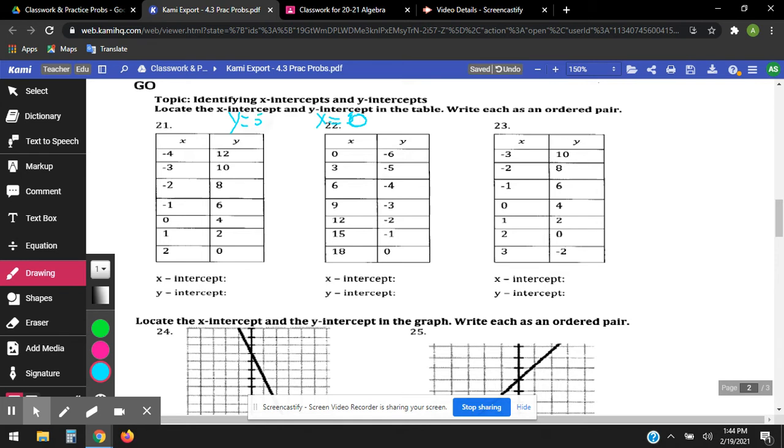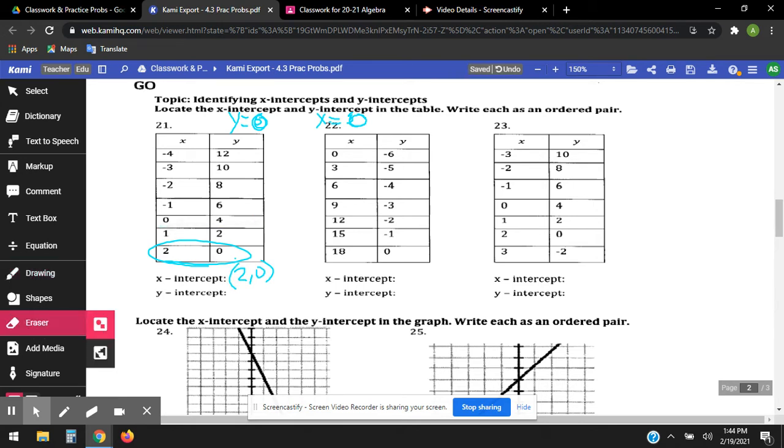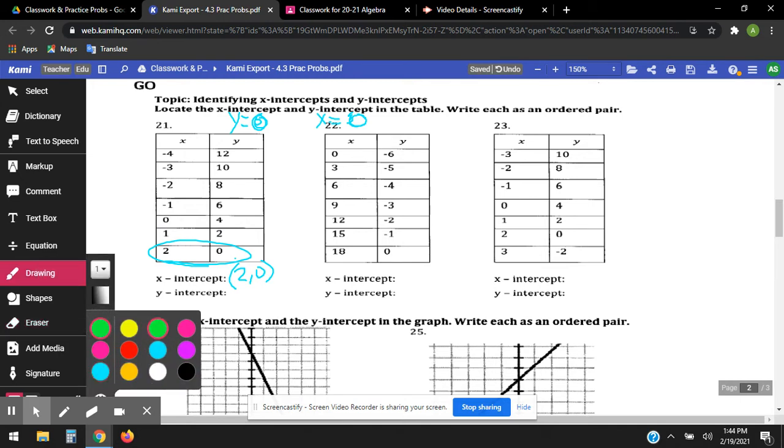We've been talking about these before. But y equals 0 here, so that would be an x-intercept, so at 2, comma 0. And we'll use a different color. We did the y in blue. Let's do x in green.